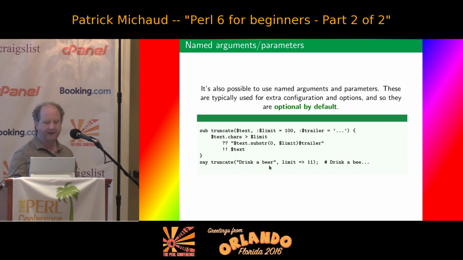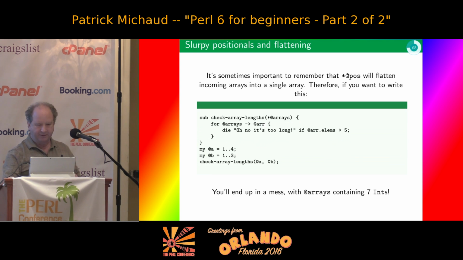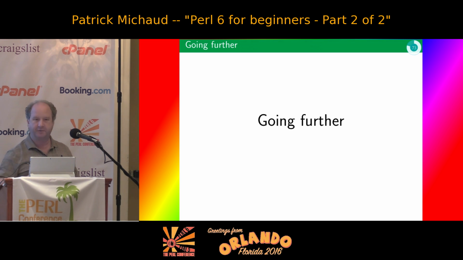When you call that, I can say, here's my text that I want to truncate, and I can set the value of limit to be 11, and that will go into that function. If I wanted to set trailer, then I could say trailer, pointy arrow, and whatever I want. Okay, I'm going to skip the next one. So that's as far as we got.